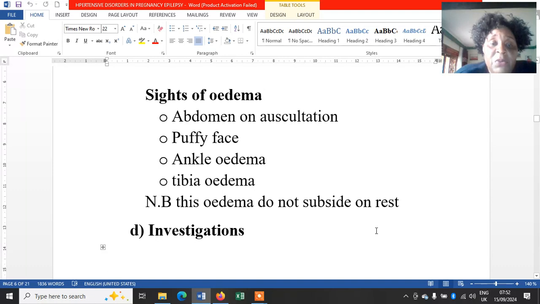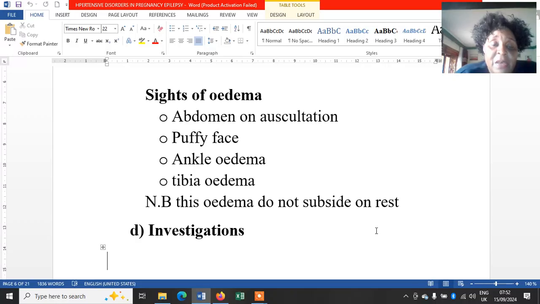Remember, during abdominal examination, we do auscultation as one of our last steps, listening to the fetal heart. But after putting a fetoscope and removing it, it may leave a marked sign which shows edema on the abdomen. So we don't take it for granted.